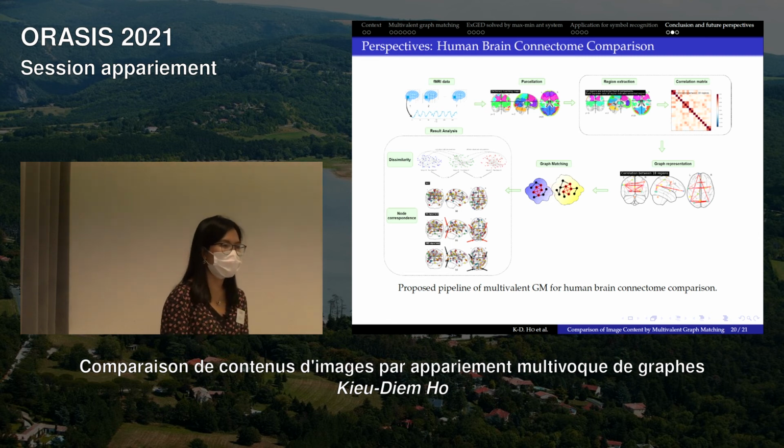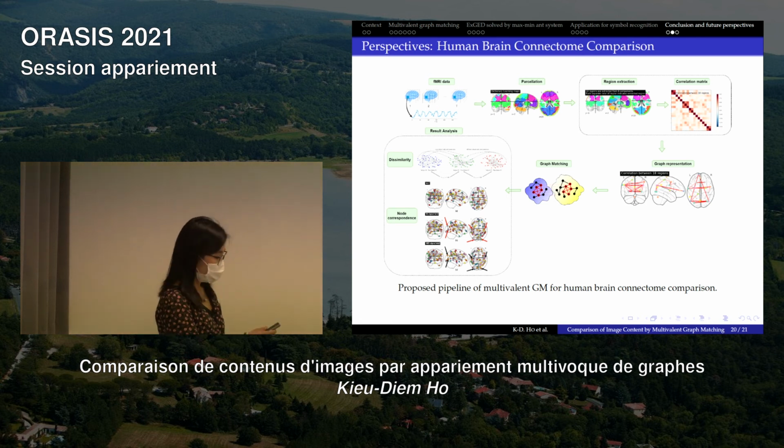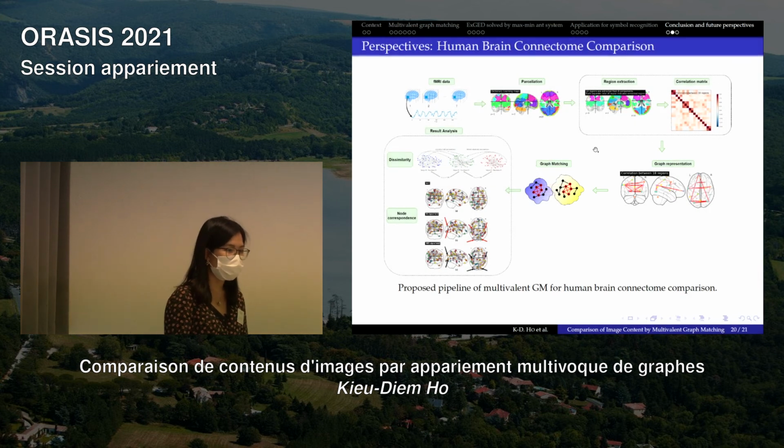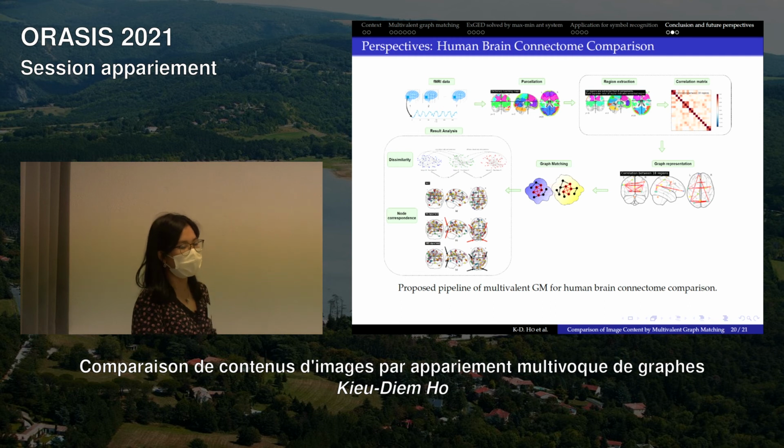What do you want to do in future work? Extract statistics out of it? This one, in fact, is more about the anatomy of the human brain connectome. Connectome is a term to indicate the connections between the brain regions.